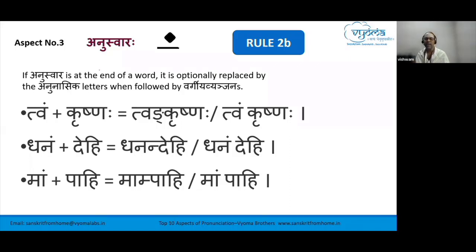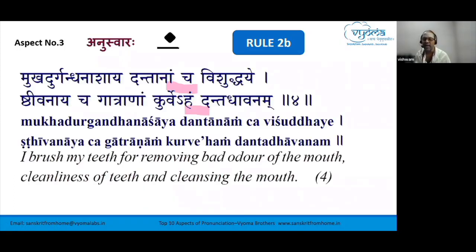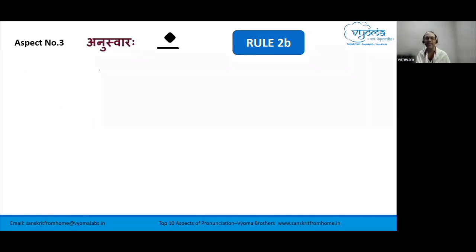We pronounce it together. We can pronounce it as Tvam Krishna or Twang Krishna. Both are correct. So in the example, Danta Nancha is also correct, Namcha is also correct, Hamdanta and Handanta both are correct.